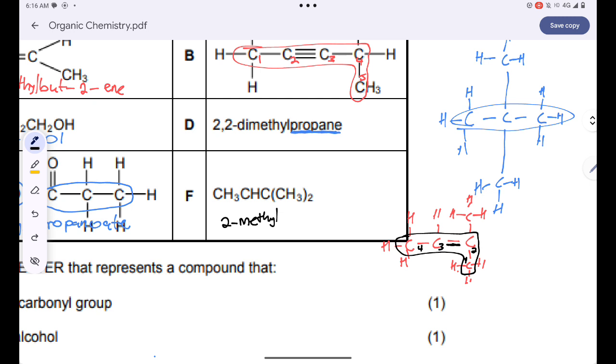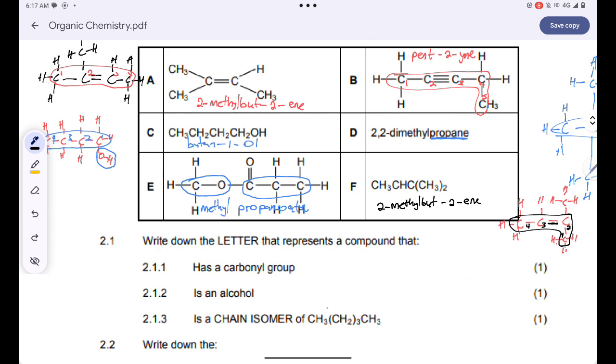And then the parent chain has 4 carbons. That means my prefix will be but. And then I have a double bond between carbon number 2 and 3. I'll always choose a lesser number, but-2-ene. The suffix will be -ene since I'm dealing with an alkene.